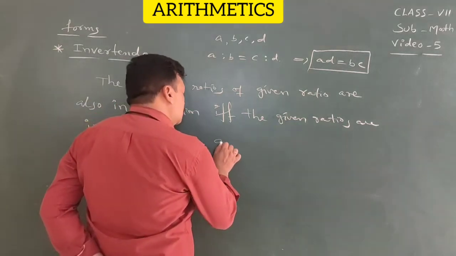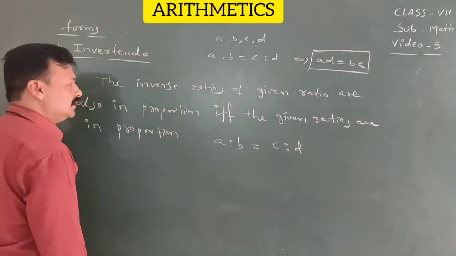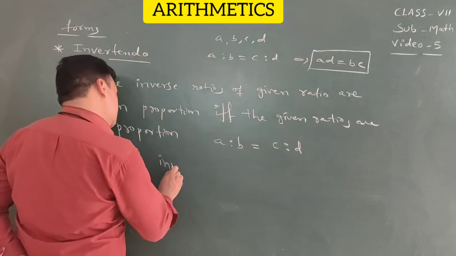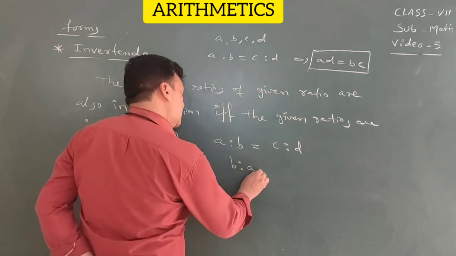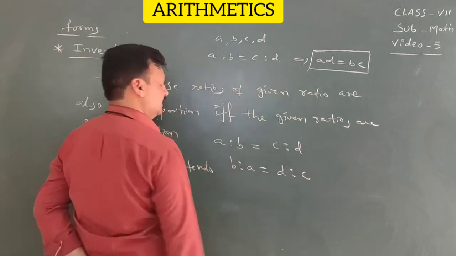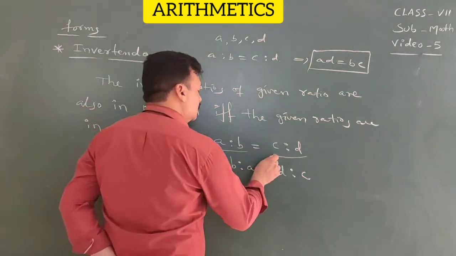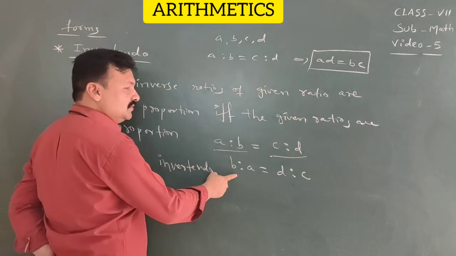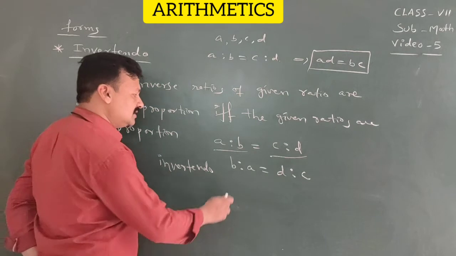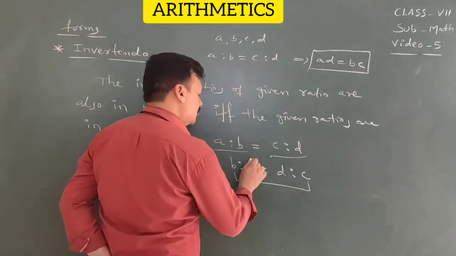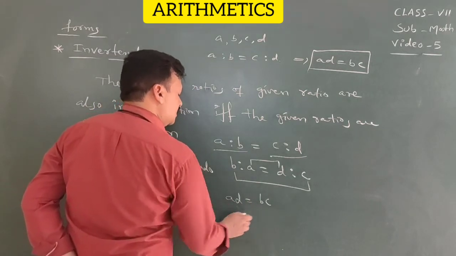Meaning, here A is to B equal to C is to D. The inverted is B is to A equal to D is to C. The inverse ratios of the given ratios: the inverse ratio of A is to B is B is to A, and of C is to D is D is to C. Now check the product of means AD and product of extremes BC.